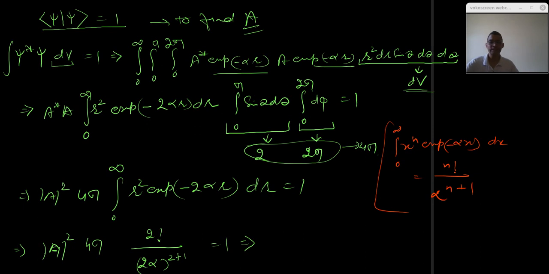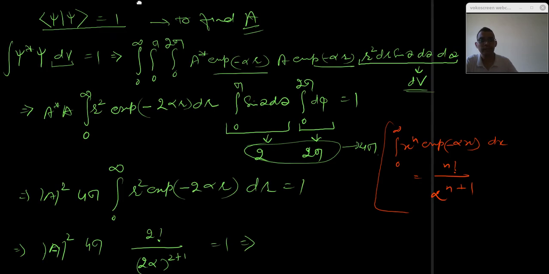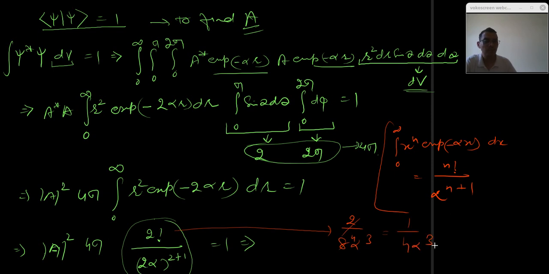So if I look at this part, it is 2 over 8 alpha cube, so it is 1 over 4 alpha cube.